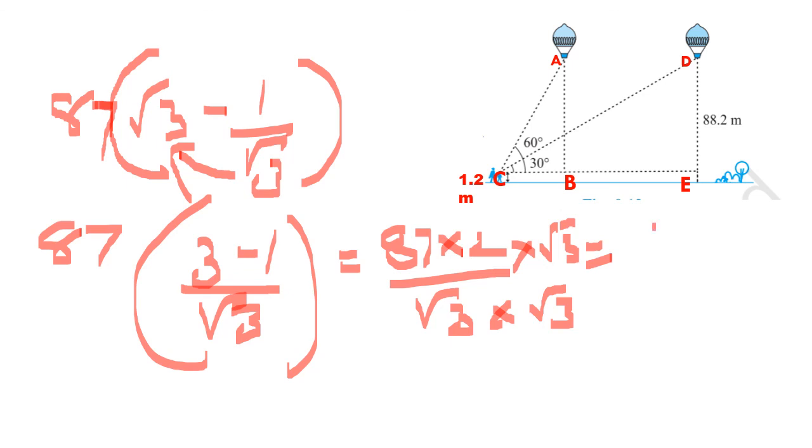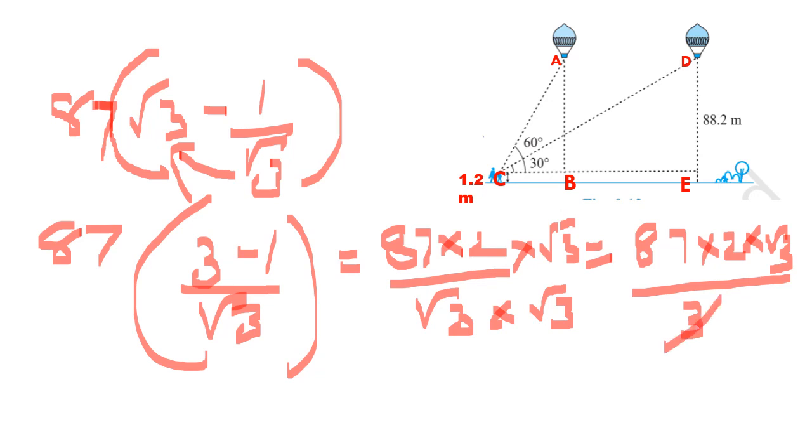Or let this be as it is, 87 into 2 into root 3, and just remove the denominator, because root 3 into root 3 is 3. It will get cut by 87. 87 is in the table of 3. 3 2s are 6, 27 and 29. So 29 into 2, 9 2s are 18, this is 58 root 3.